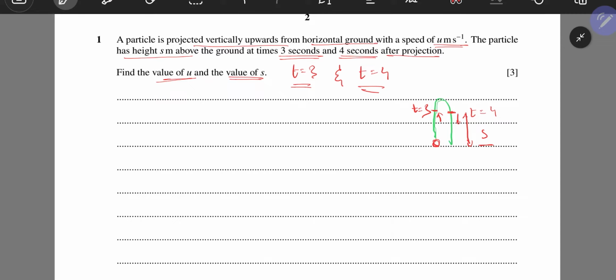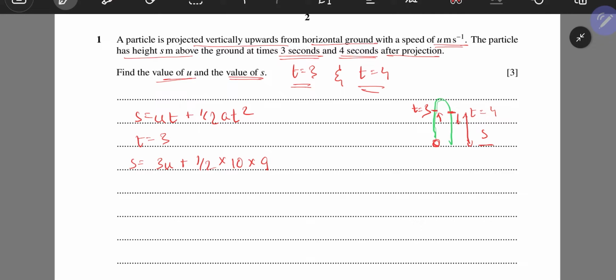The equation I'll be using is S equals UT plus half AT squared. So when t equals 3, S equals 3u plus half, the value of a will be 10 as always, times t squared, so 3 squared is 9.